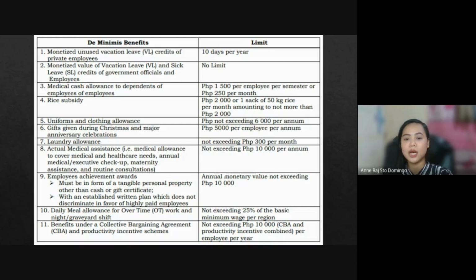So this incentive, binibigay ito sa may mga service award or employees achievement award. So, maximum na to 10,000 pesos. Halimbawa, tumagal kayo sa isang kumpanya like 10 years, may iba binibigyan ng loyalty award, 10,000 yung maximum niya. Kasi pag lumampas doon, it will be taxable na. Magkakaroon na ng tax.